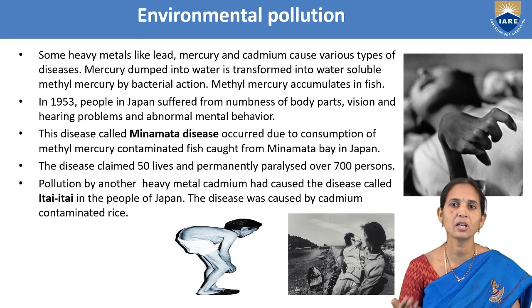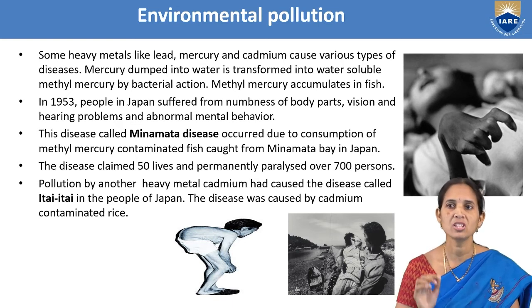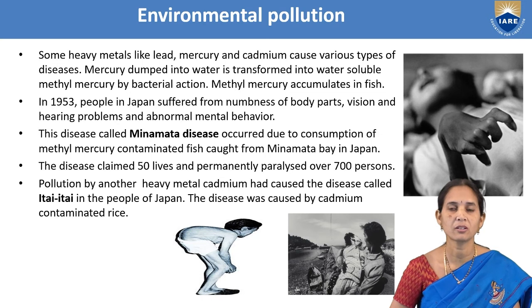Next is pollution by another heavy metal, cadmium. One metal is mercury, then cadmium in water caused Itai-itai disease in Japan itself. This disease was caused by cadmium contaminated rice.